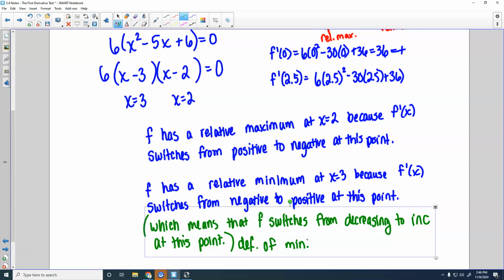I would tell you not to, because you might accidentally switch increasing and decreasing and get it wrong and lose the point. So I would say don't do that. It's unnecessary. What you do have to have is you've got to talk about the derivative. This is your reason. What's in green is just a definition, or I would suggest not even saying it. But if you did, it'd be fine as long as you also talk about that derivative. Okay, questions?